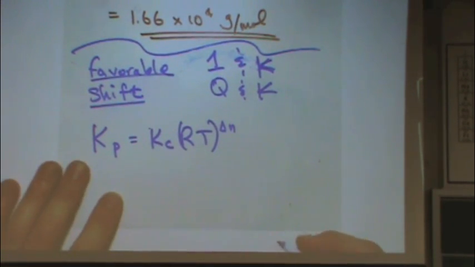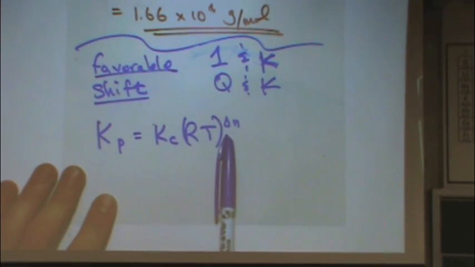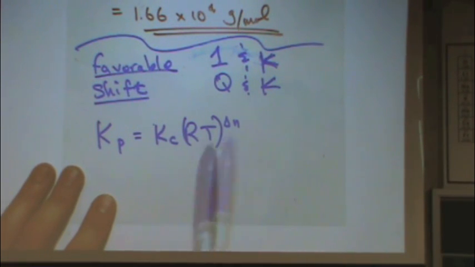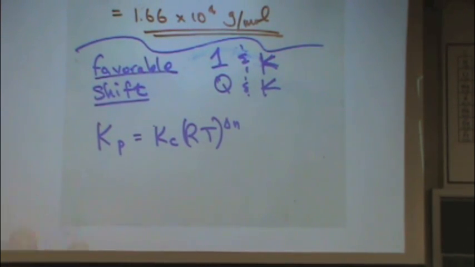Notice also, if delta N is 0, what's this term here on the right-hand side going to be equal to? 1. So if delta N is ever 0, Kc and Kp are equal. Every once in a while on a multiple choice question, you'll see this on the practice exams, that'll pop up.